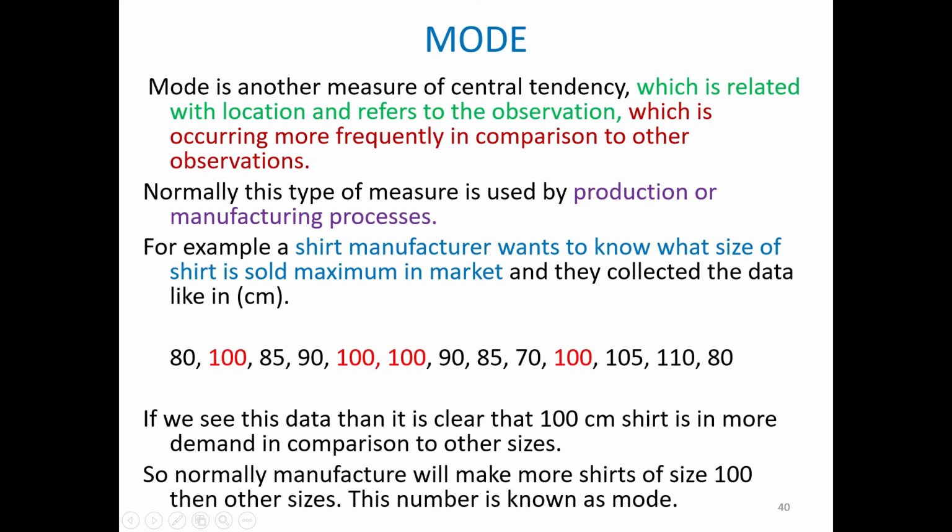So one can clearly say the 100 centimeter shirt is in more demand in comparison to other sizes. So when he has to manufacture the shirts, he will focus more on the 100 centimeter size in comparison to others.